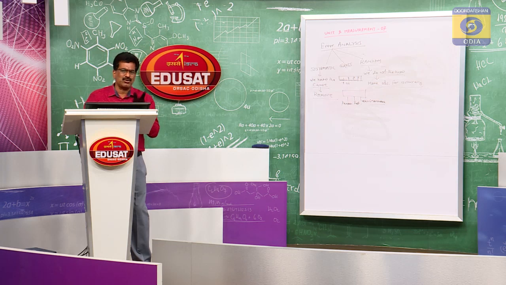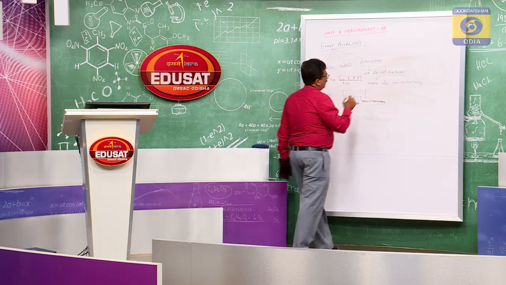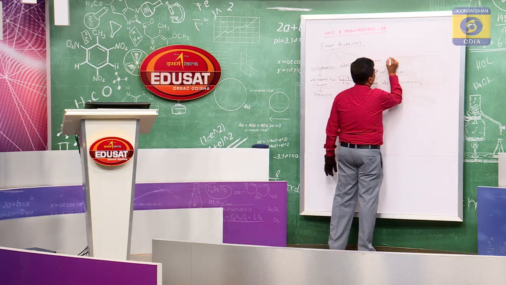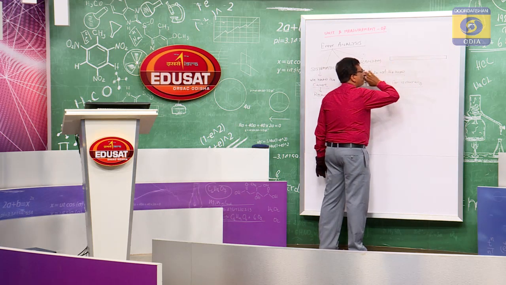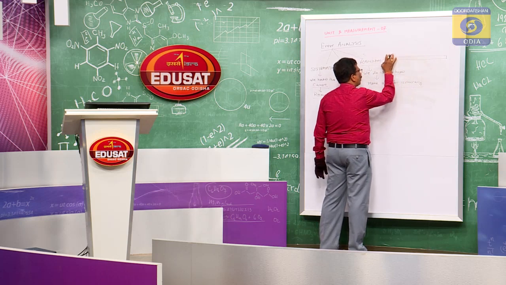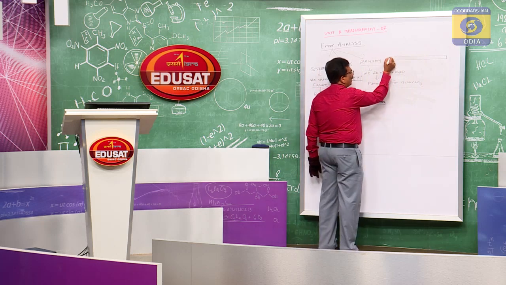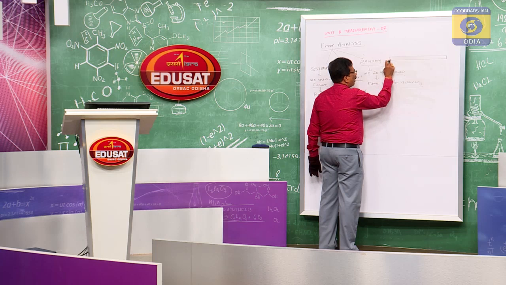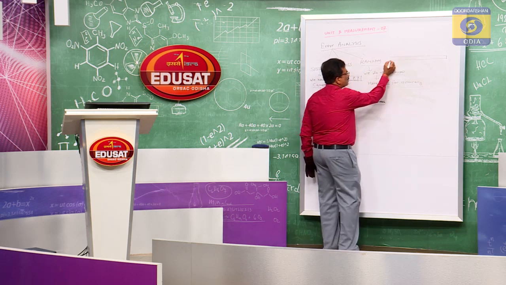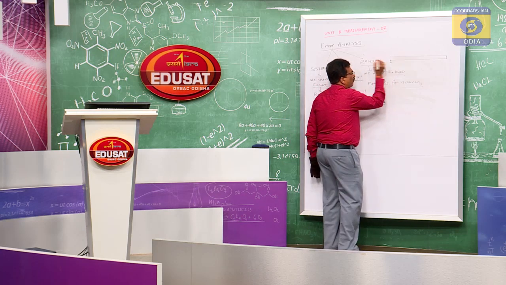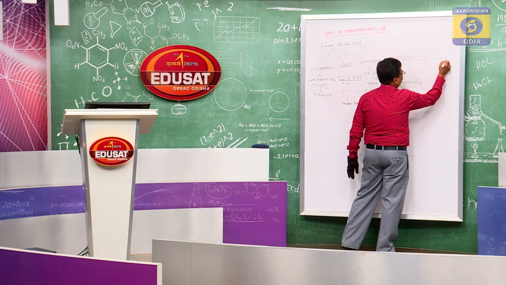Next is the instrumental error. As an example, suppose you have a tape with which we are measuring length. The tape, which is frequently used, has one end cut off. Suppose it should start from 0, but up to this point it has already been lost, so the start is not 0 but the 0.2 position. Suppose the length reads up to 40 centimeters.